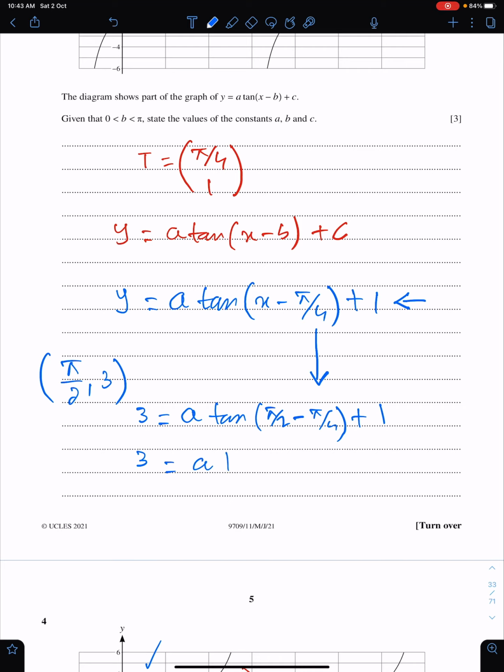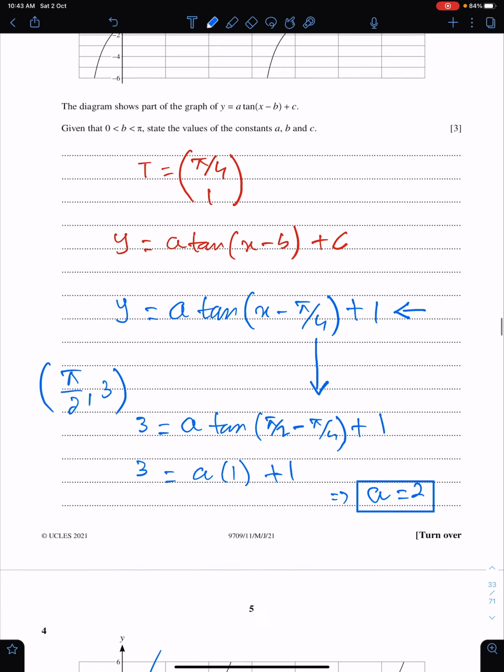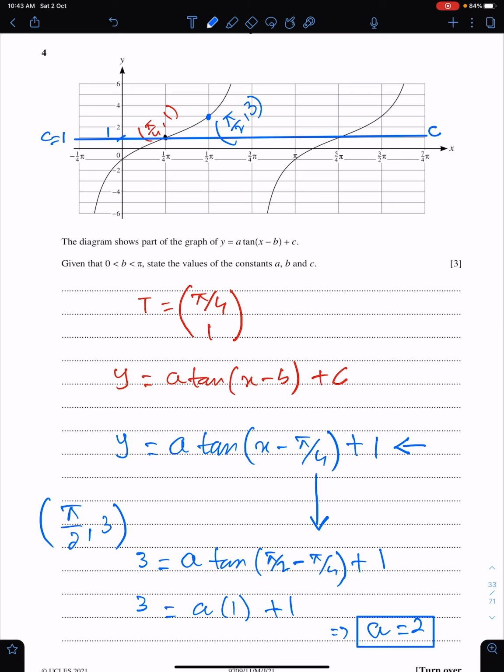So tan pi by 2 minus pi by 4 will become tan pi by 4, and tan pi by 4 is 1. Hence the value of a is 2. So we have found the values of all the unknown constants. a is 2, c is 1, and by comparing these two equations, you can have the values of c and b is pi by 4.